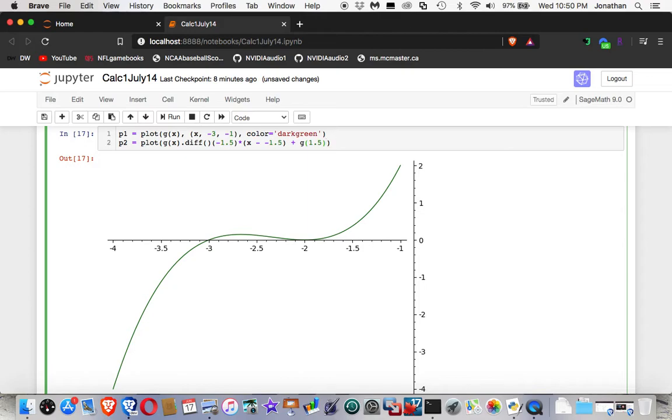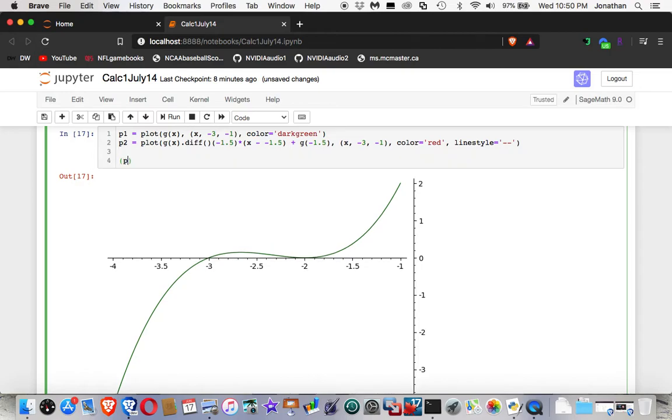You can use 1.5 or 3/2, it won't matter. And I'm going to plot this from x going from -3 to -1. I'm going to color the tangent line dark red, and make the line a dashed line. So I write line style equals double dash.